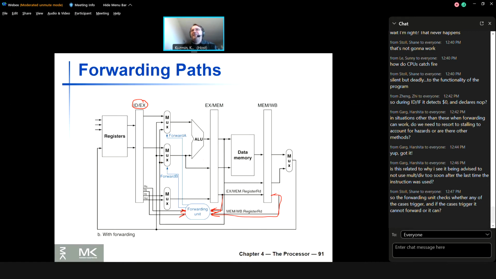All right. So the forwarding unit checks whether any of the cases trigger, and if a case triggers, it can forward. Forward B is 1 when we forward. Forward A is 1 when we forward. And you will see shortly that these cases are actually mutually exclusive, right?